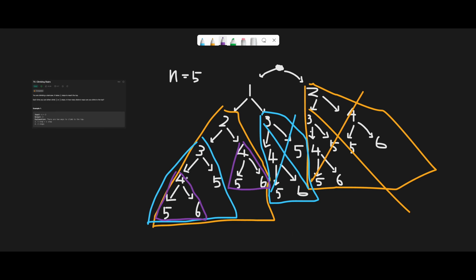When we reach this area, we already have a result of this subtree, and we can find the exact same subtree here, 4, 5, 6, 4, 5, 6. So we don't have to calculate this subtree because we already have a result.